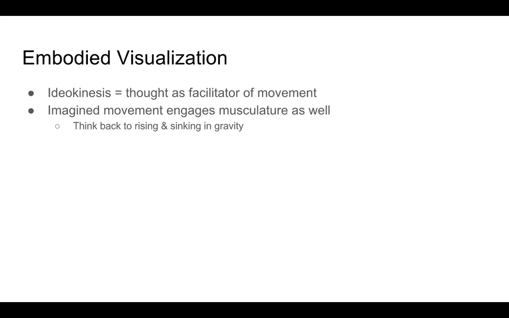And we might think of dewdrops forming along the sit bones or along the tailbone, gradually increasing in weight, gradually growing heavier and pulling the back body down toward the ground. Again, that's an example of embodied visualization, ideokinesis in action.